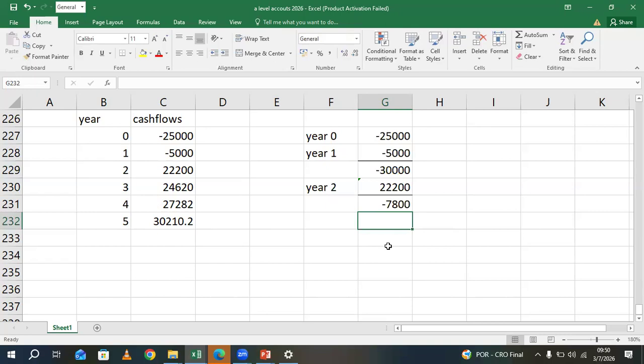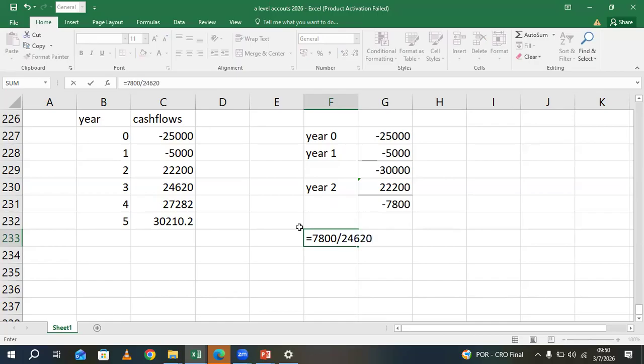Remember what I said when we were doing the payback: in the year where our inflows are greater than the amount we are left to recover, we take the amount left to recover, which is 7,800, over the year 3 inflow, 24,620, times 12.